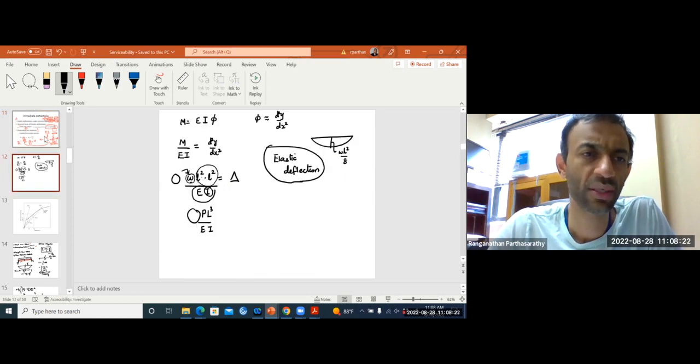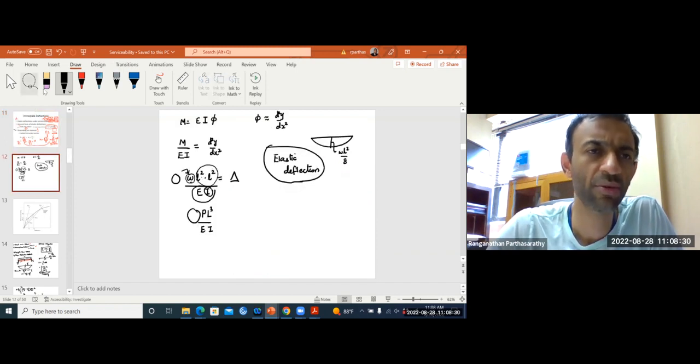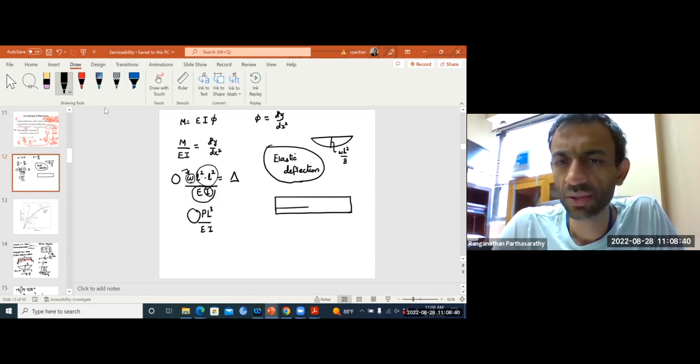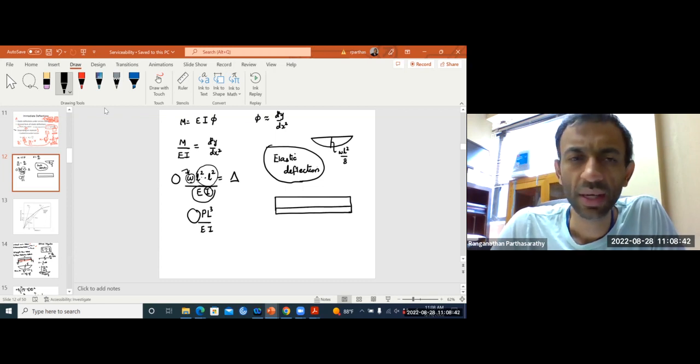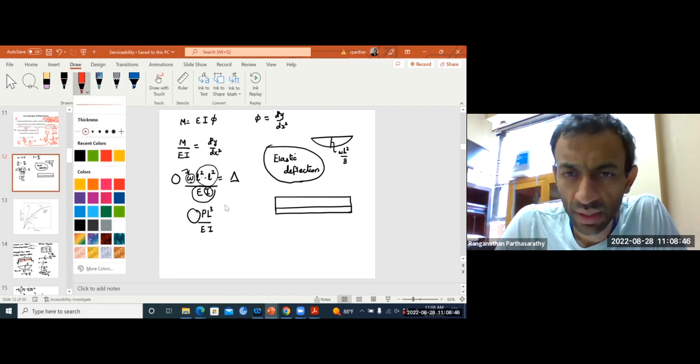Okay, so first thing is that it depends on the moment. How does it depend on moment? Now we said that at service load, so this is your beam. Let's say this is your reinforcement bar, and your beam has hairline cracks.